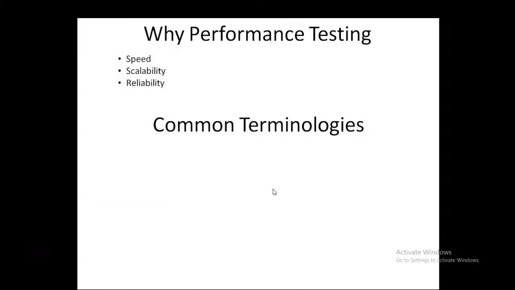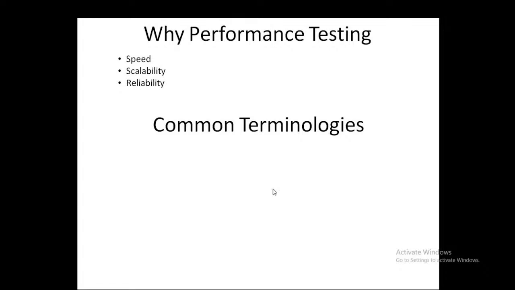Now, if my application has good speed with a particular number of users, for example, and I increase the number of users, is my application going to have that same amount of performance or speed?